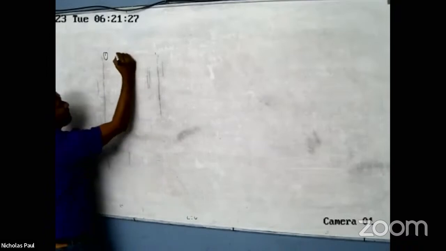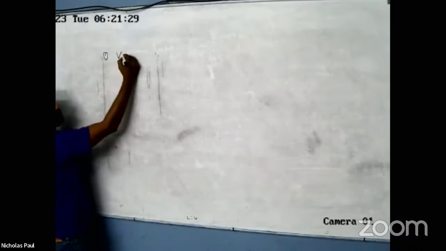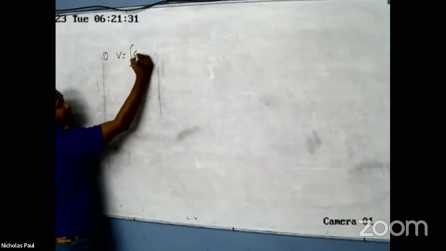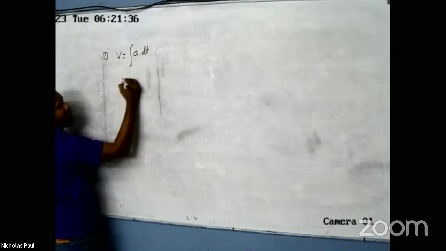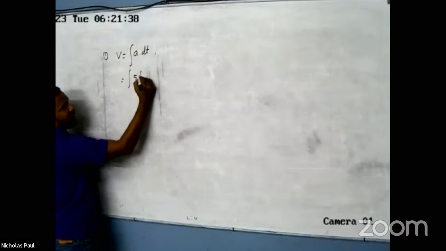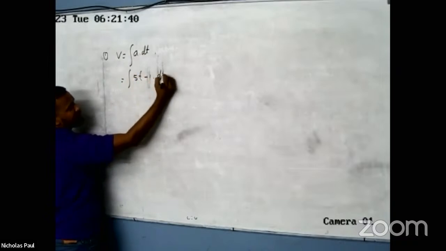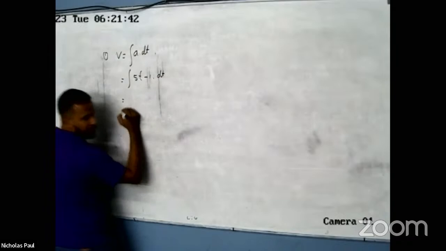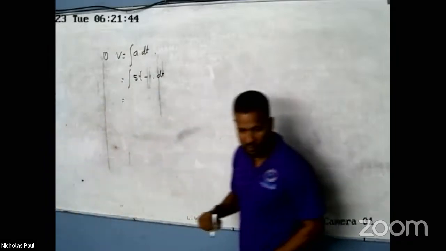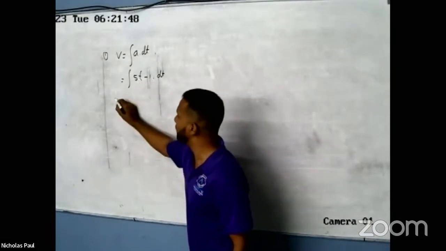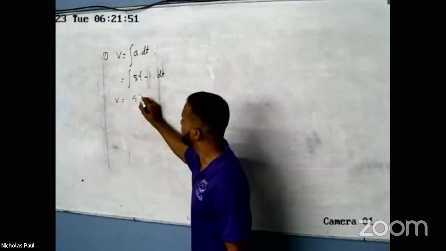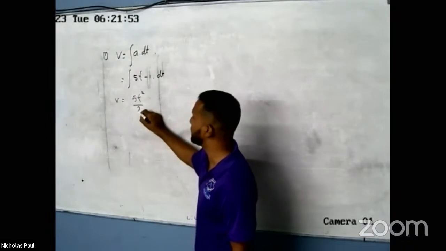To get velocity, you're going to integrate acceleration with respect to time. So acceleration is 5t minus 1 dt, so we want to integrate this. The integral of 5t is 5t squared all over 2.